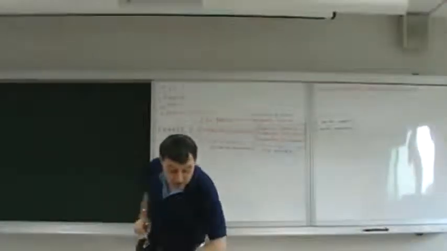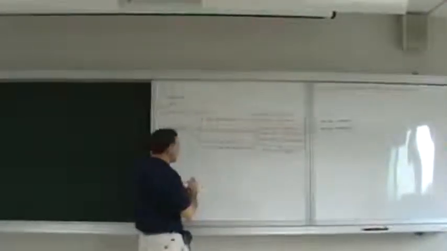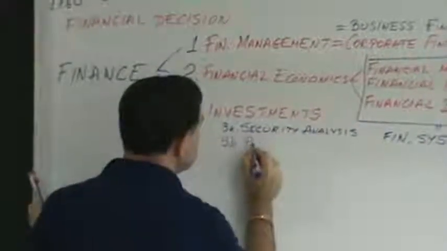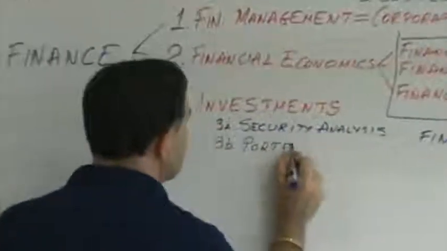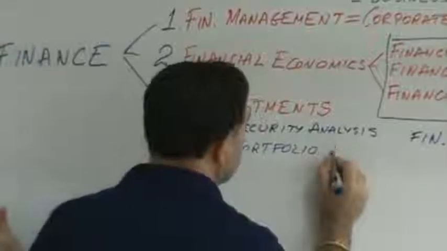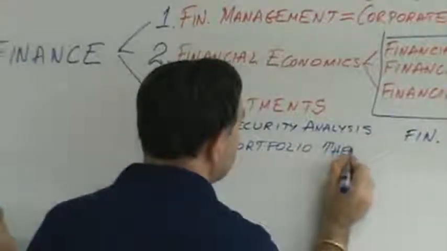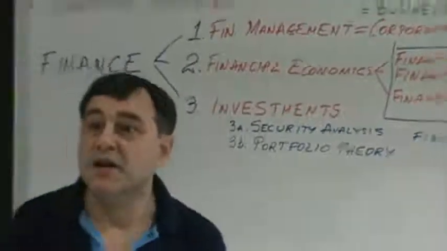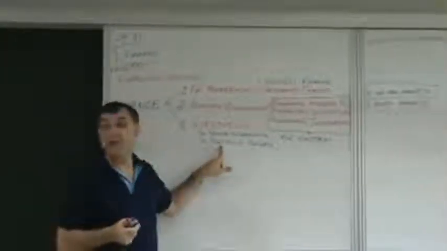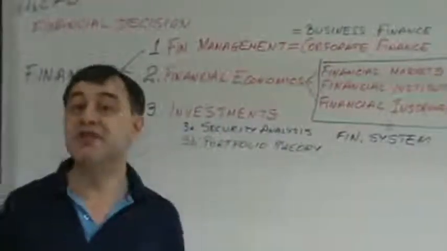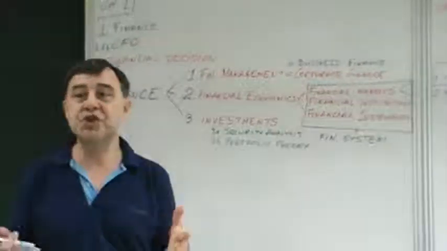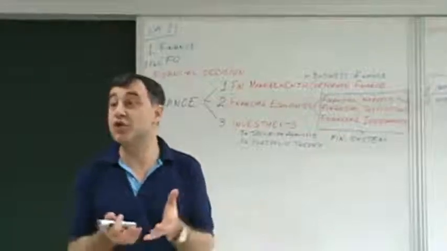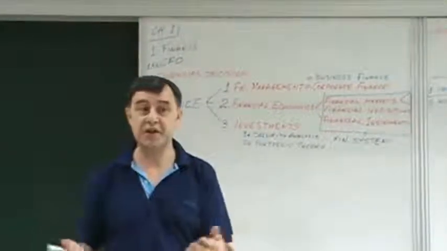The next one is called portfolio theory, 3B. So, we need to say what a portfolio is, and a portfolio is simply a collection of investments, a group of investments, a group of assets taken together.